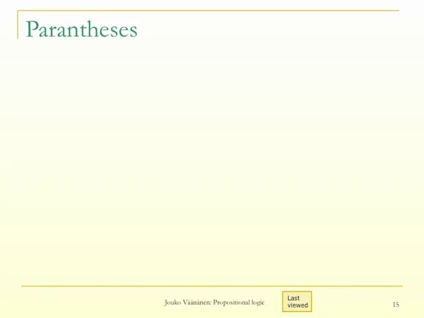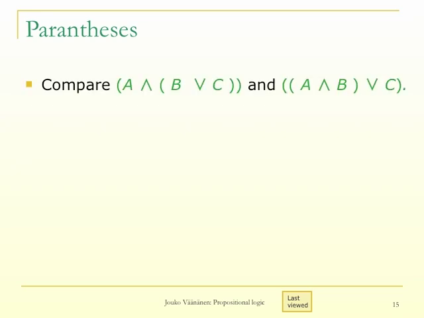Parentheses. The role of parentheses is to indicate priority and help avoid ambiguity. For example, (A and (B or C)) twice is quite different from twice ((A and B) or C), not only in appearance but also in meaning.